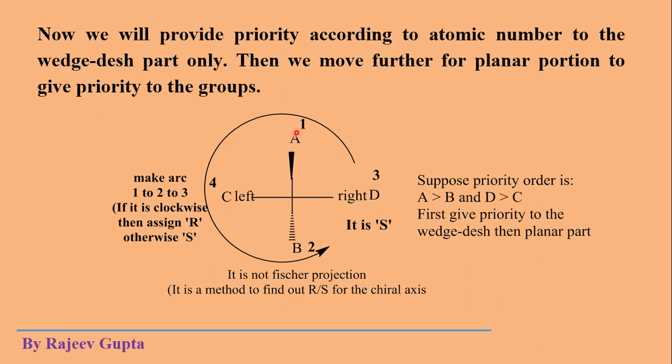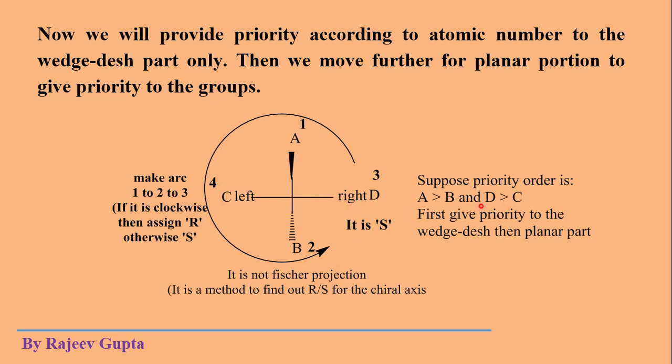Suppose A has higher atomic number compared to B, like this. So A will get highest priority 1 and B will get priority 2. When the assignment of priority order is completed for the wedge dash portion, then we will move next towards this horizontal portion.